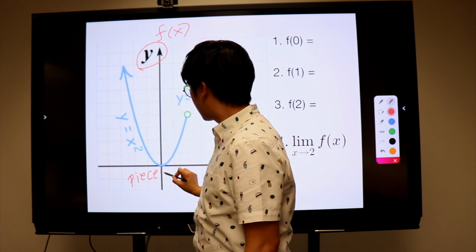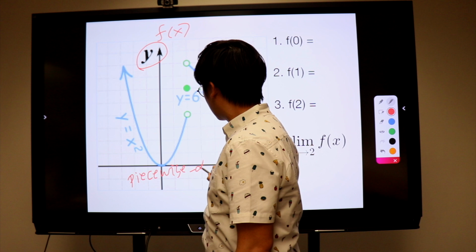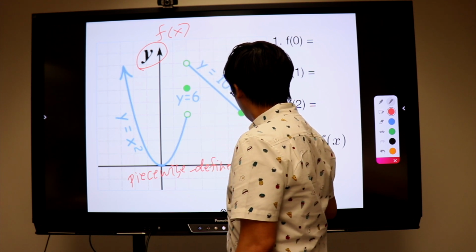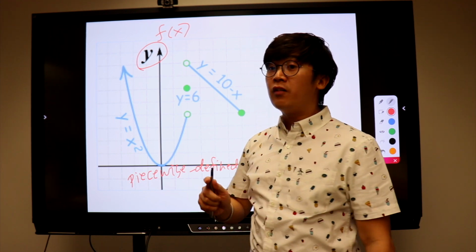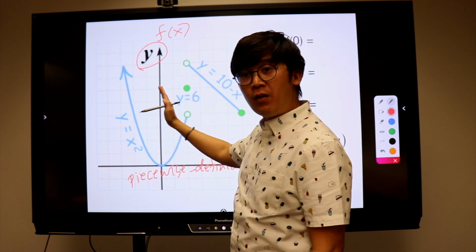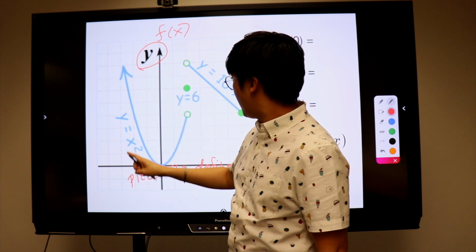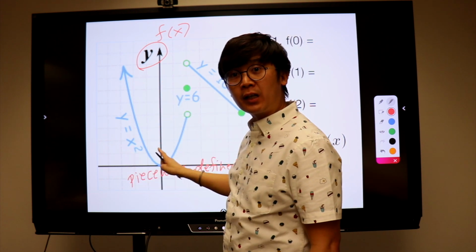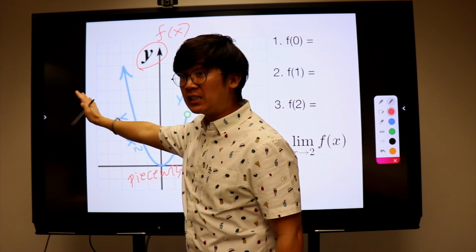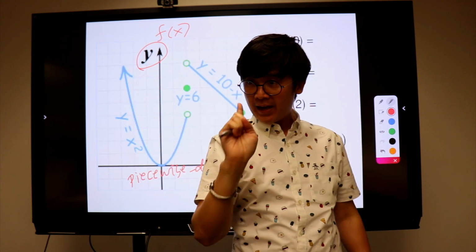Have you heard of this? Piecewise? Yes. This is an example of a piecewise defined function because you have multiple functions in one f of x. You have a parabola going on right here, and then you have a line going on right there, and all of them collectively is just one f of x.